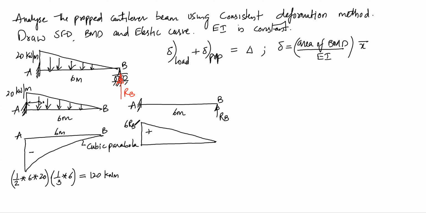And the centroids for these bending moment diagrams will be shown like this, and the centroidal distance is taken from the centroid till the prop. This will be the centroidal distance. Now we have two bending moment diagrams, so we can apply our consistent deformation equation.